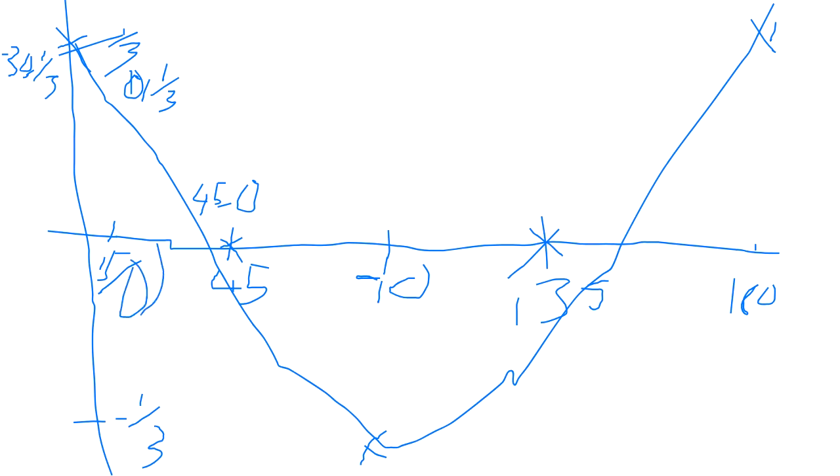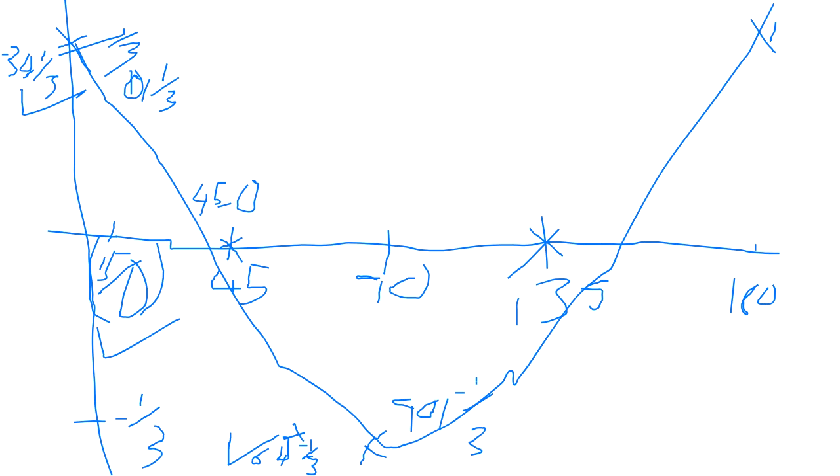And here, this point is 90 and minus 1/3. Because of the phase shift, it will come somewhere here, 60 and minus 1/3. These are the points that are going to be marked.